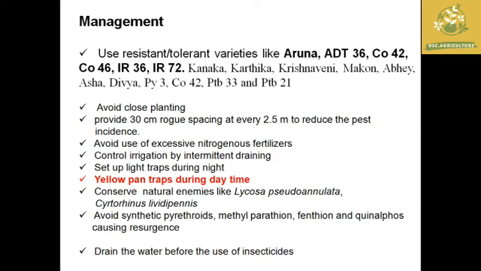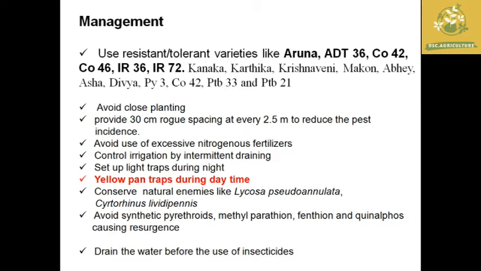And yellow pan traps during daytime are effective for controlling BPH, or else we can release natural enemies like Lycosa pseudoannulata and Cyrtorhinus lividipennis. These natural enemies can be bought from the research stations and released in the fields.